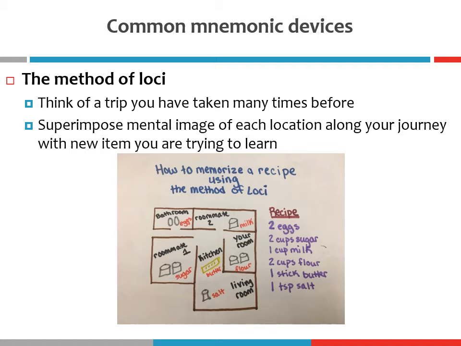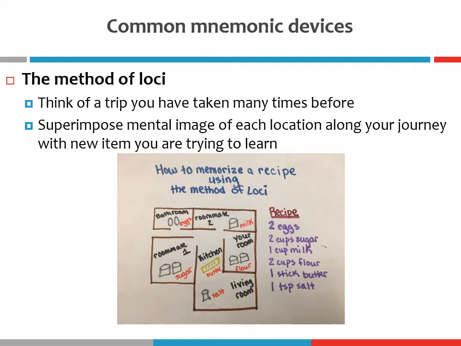Right? So imagine that you live in this apartment, and this is kind of a rendering of the floor plan, right? So you have your bedroom, and then you live with two other roommates. So what you would do is you would look at your recipe, and the first item is 2 eggs, right?